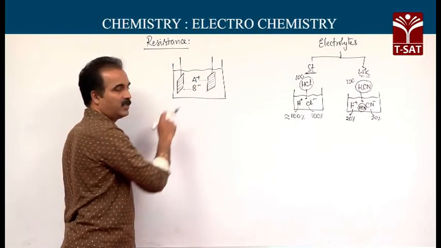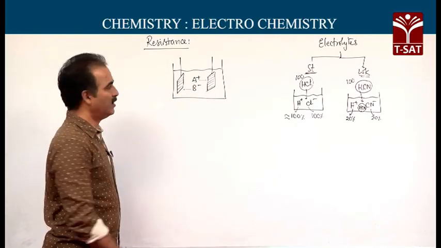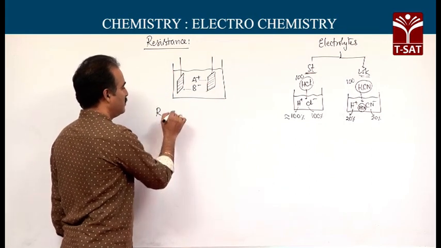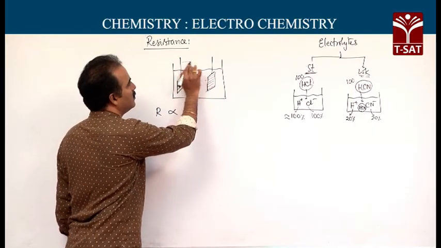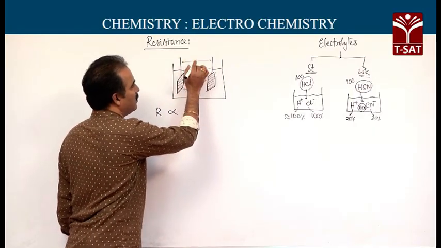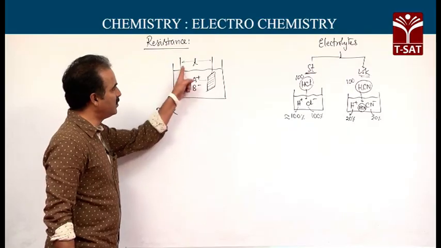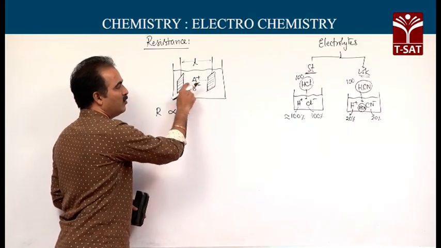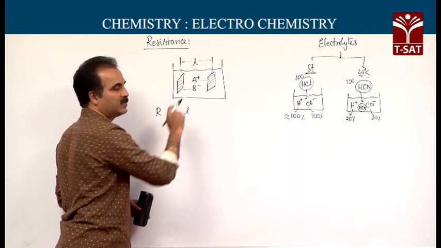Due to their motion, they experience some resistance, and the resistance experienced by the electrolyte is directly proportional to the distance between the electrode plates. The more the distance between the electrode plates, the more resistance is experienced by the ions.